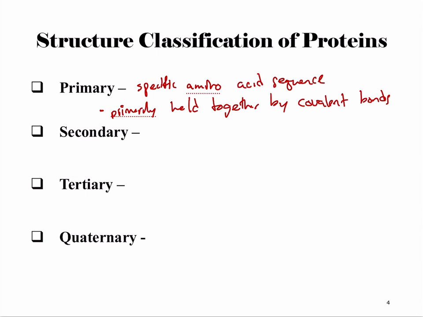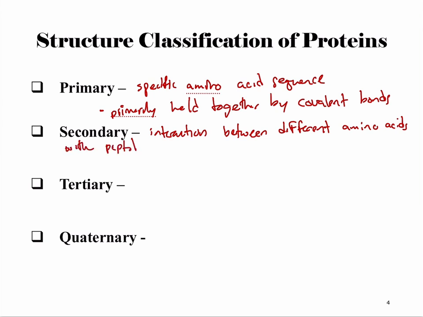Secondary structure is going to be interactions between different amino acids within a peptide.